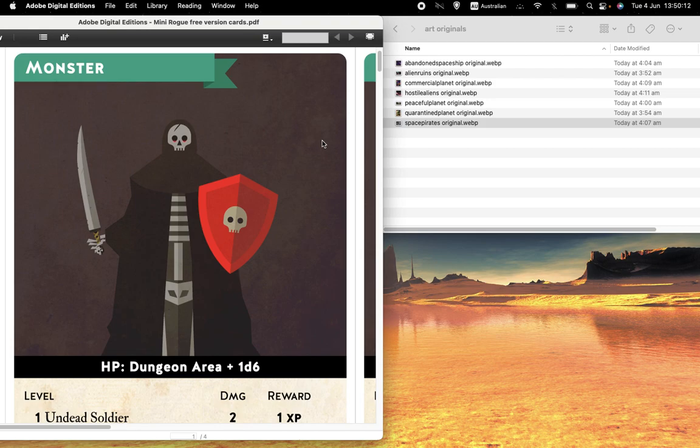Now, all of this artwork comes from Lexica, which I'll link to in the description, and that is a database of AI-generated artwork, which I have mentioned several times before. Now, I only recently learnt that generating AI art is actually surprisingly bad for the environment.